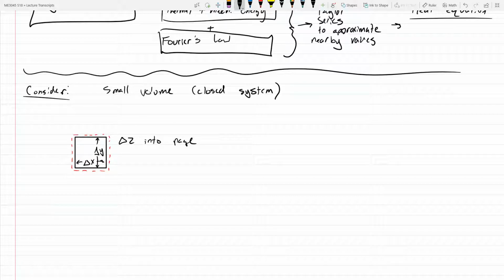Which means the thing has a volume of delta x, delta y, delta z, and the areas of each face can be found as either delta x delta y, or delta y delta z, whatever the relevant dimensions are.